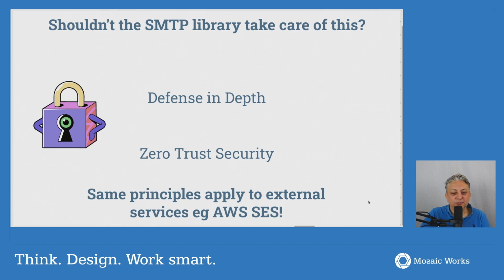And this is a good principle to follow, particularly in the world of distributed applications, where you have separate microservices or components that are doing their own thing, and they need to validate each other, because how do you know that the service calling you is not an exploited service in some way?